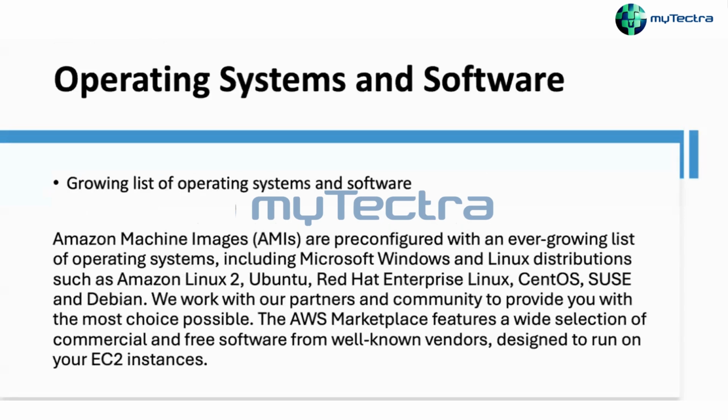Now, operating systems and software. As I mentioned, based on the requirement, we can select the operating system and software. There are multiple versions of the Windows machine and multiple versions of the Linux machine. Amazon also provides its own Linux, that is called Amazon Linux.